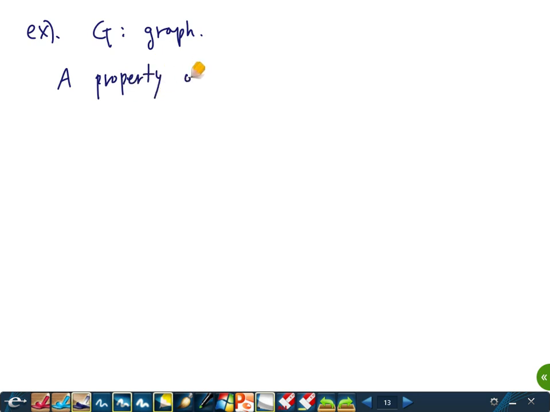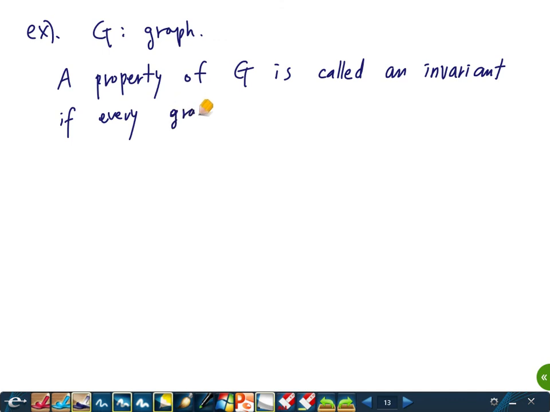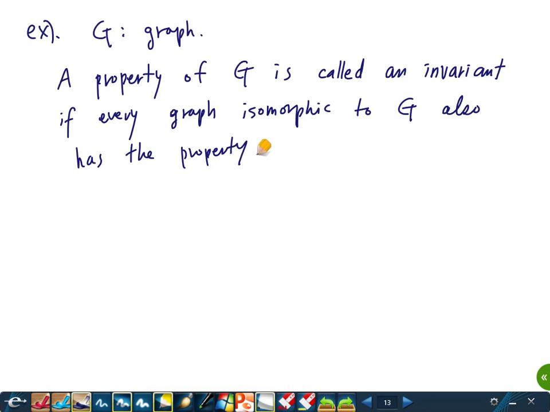A property of G is called an invariant if every graph isomorphic to G also has the property.